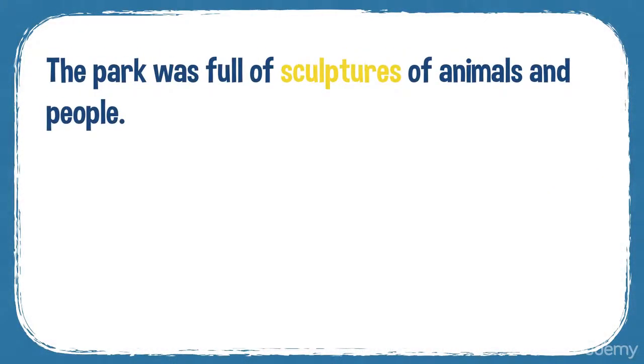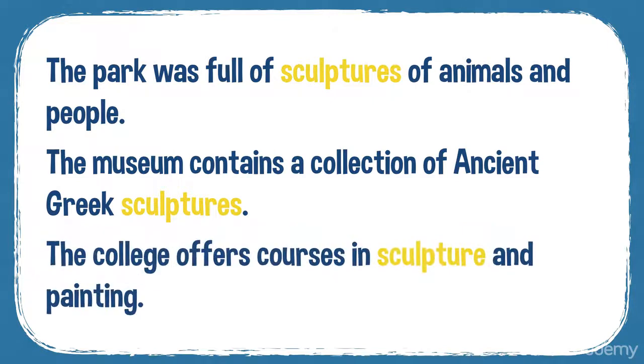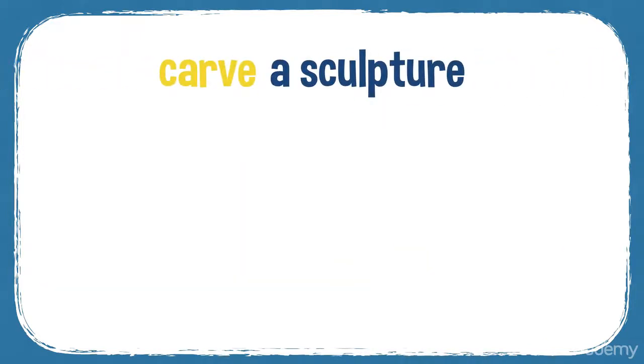So here are some example sentences. The park was full of sculptures of animals and people. The museum contains a collection of ancient Greek sculptures. The college offers courses in sculpture and painting.